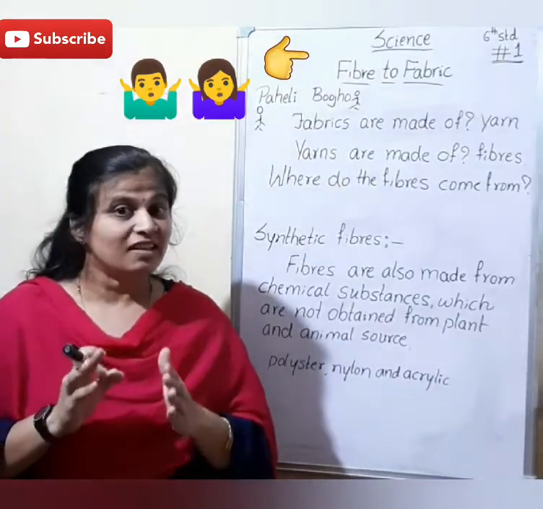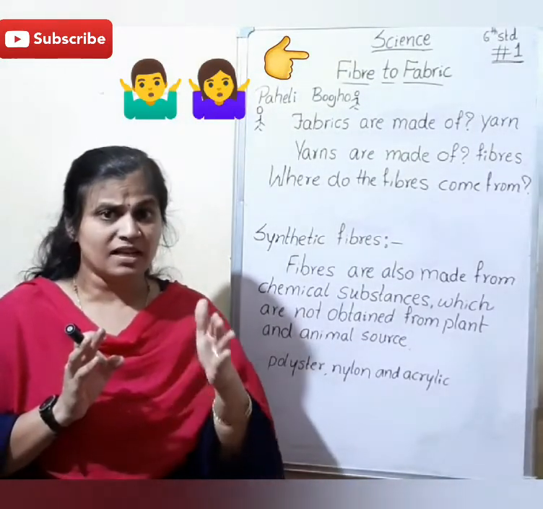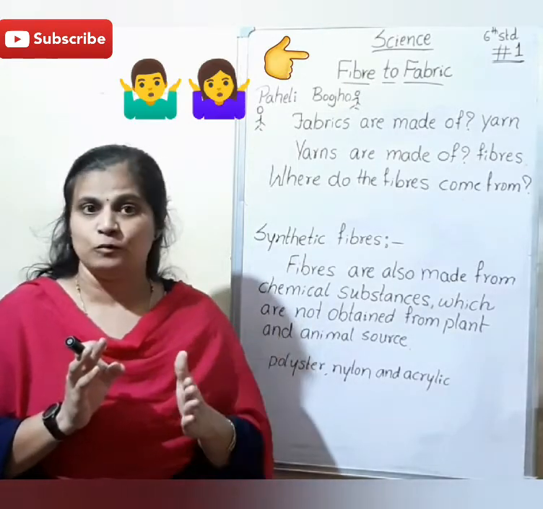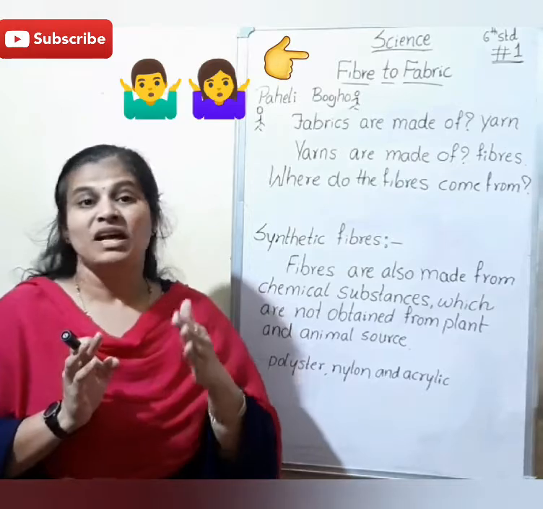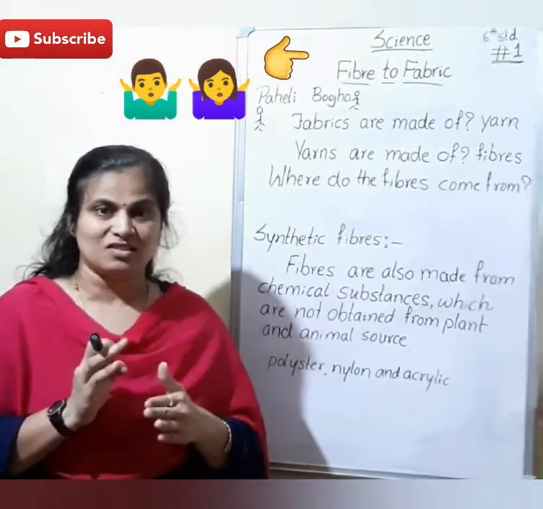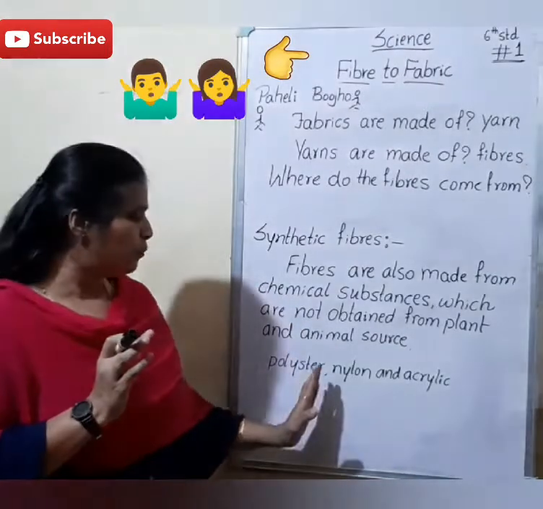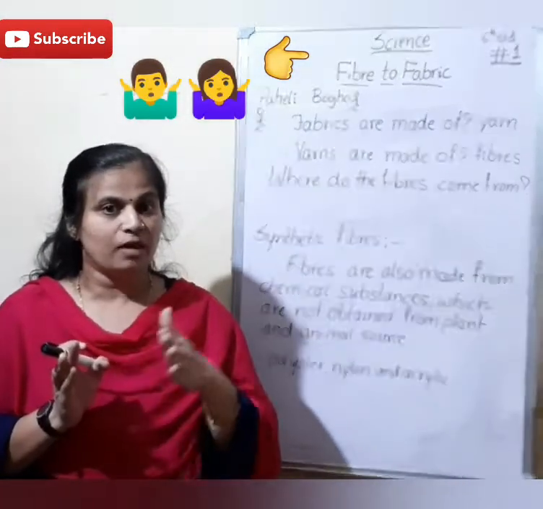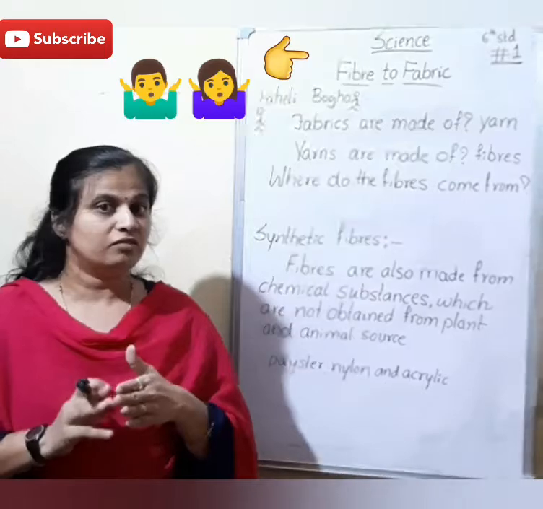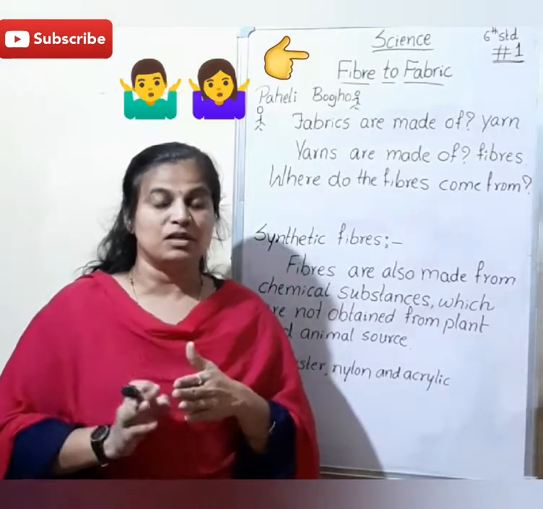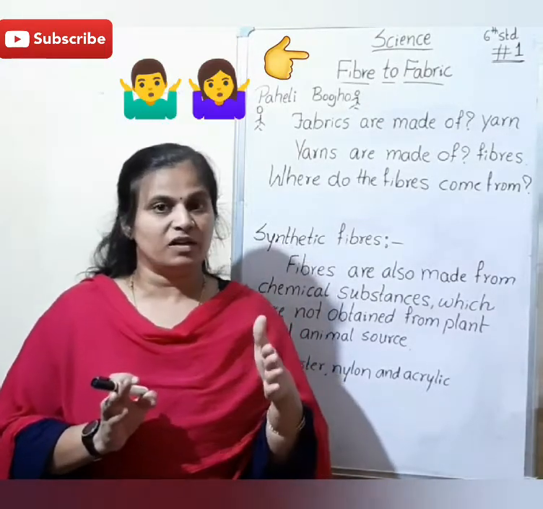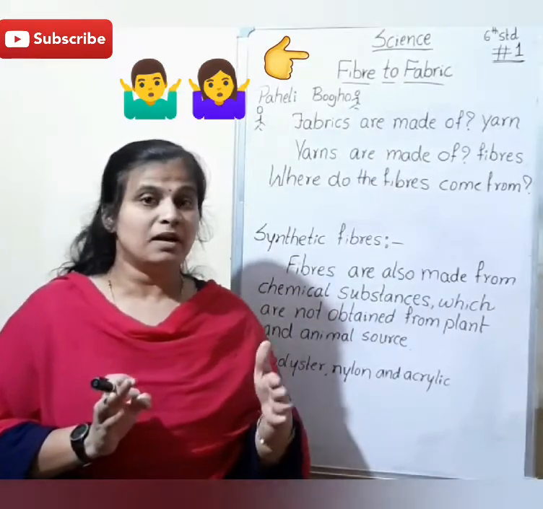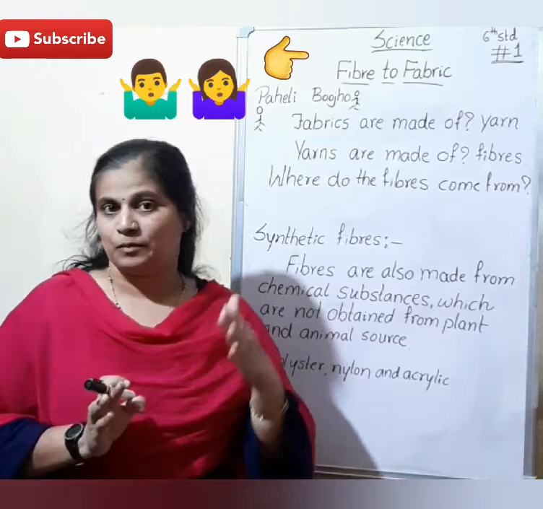Synthetic fibers are not obtained from natural sources like plants and animals; they are made from chemical substances. Examples are polyester, nylon and acrylic. So natural fibers are obtained from plants and animals, whereas synthetic fibers are made from chemical substances.